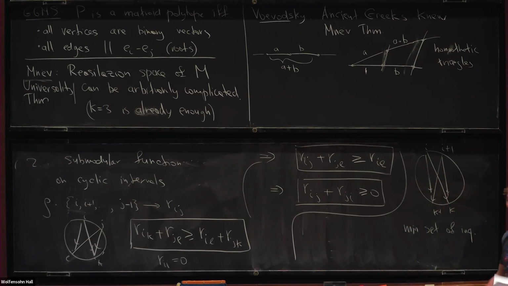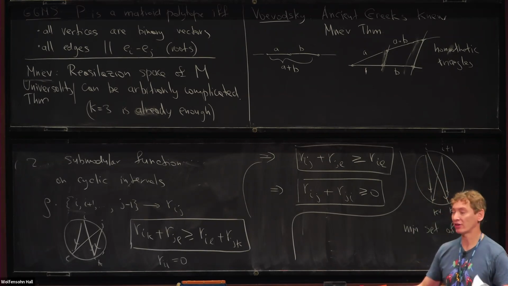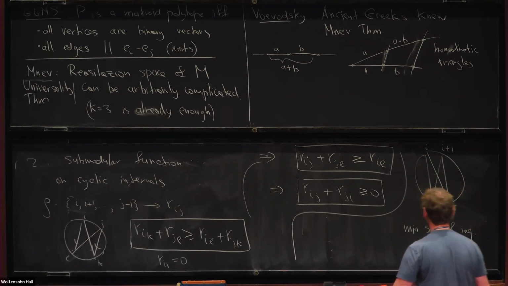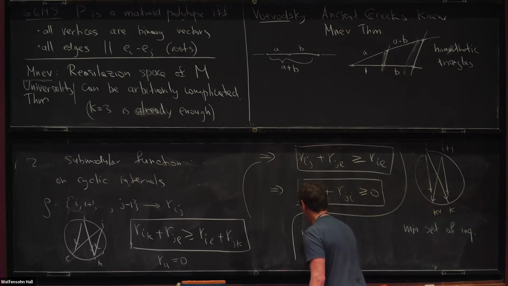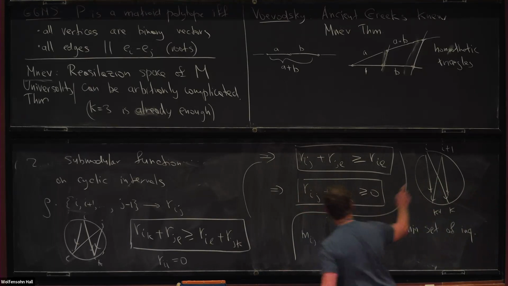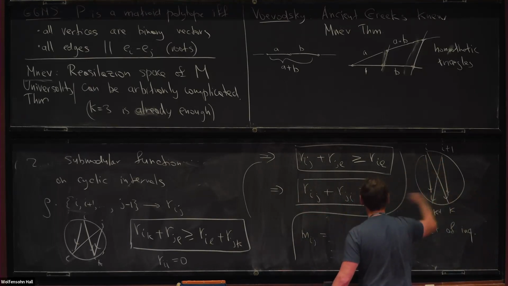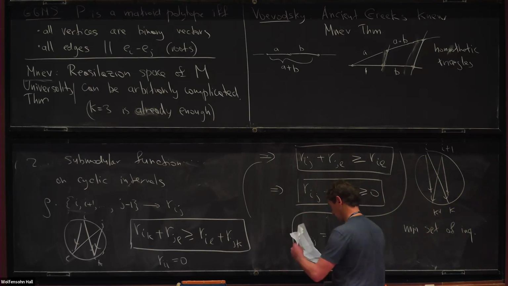Okay, so we can describe the same data by writing down entries m_ij, which is a difference. So we write r_ij plus r_{i+1,j+1} minus r_{i,j+1} minus r_{j+1,i}.